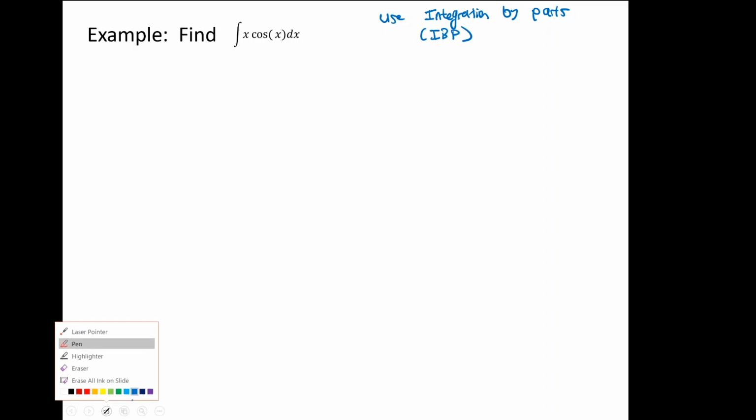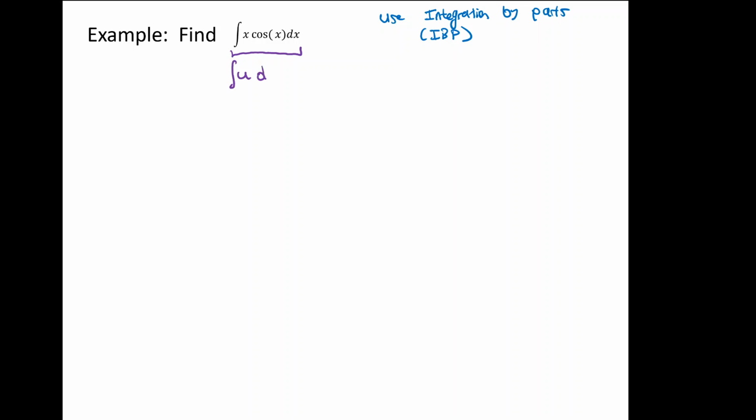To use this method, we're going to say that this expression here is equivalent to u times dv, where u is equal to part of x times the cos of x times dx.